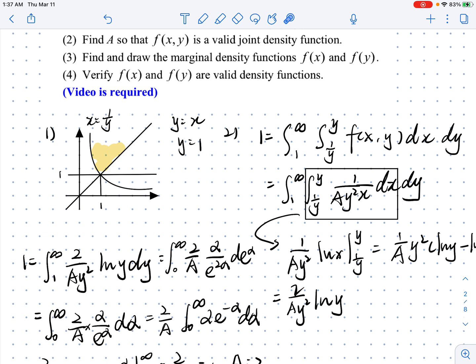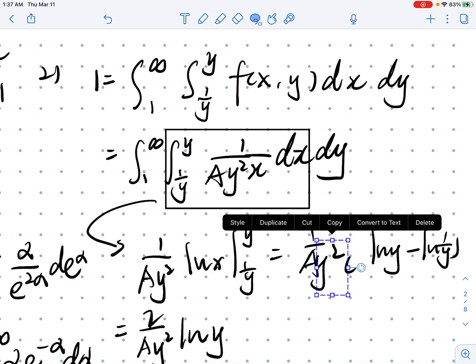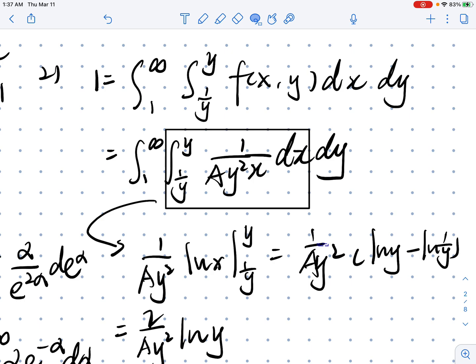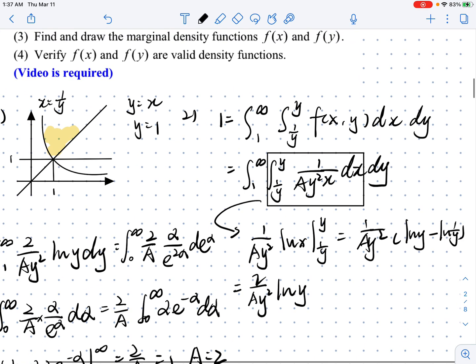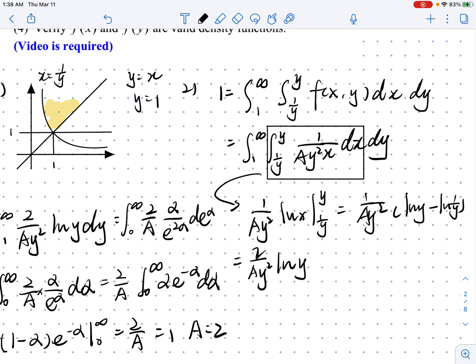And then the result should be 1 over a multiplied by y squared, multiplied by ln y minus ln 1 over y, which is ln y plus ln y, which is 2 ln y. So the result should be like that.